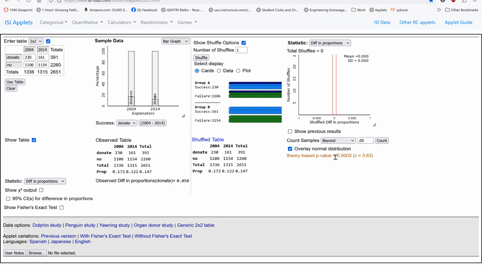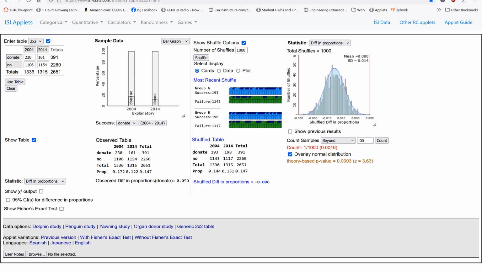It will tell you what your p-value is and your standardized statistic right here. I do like, though, to go ahead and ask it to shuffle. This is a very big data set, so I'm only going to do 1,000 or it would take a really long time. But now you can see the normal curve overlaid. You can see it follows it pretty well. I mean, not exactly, but pretty well.